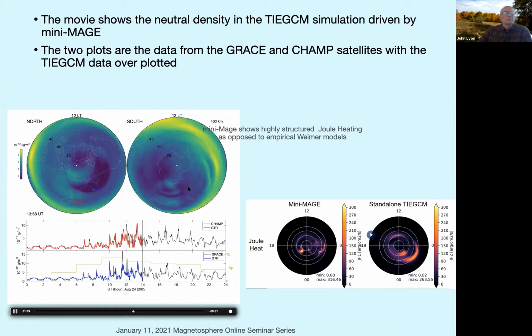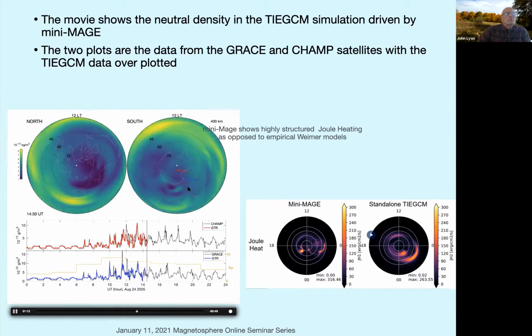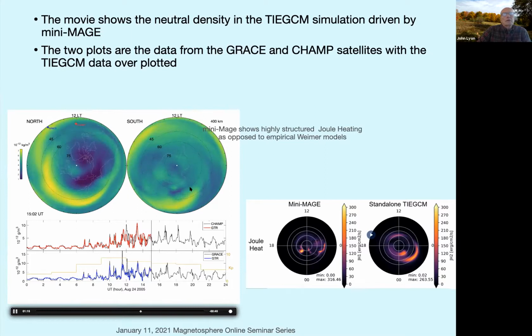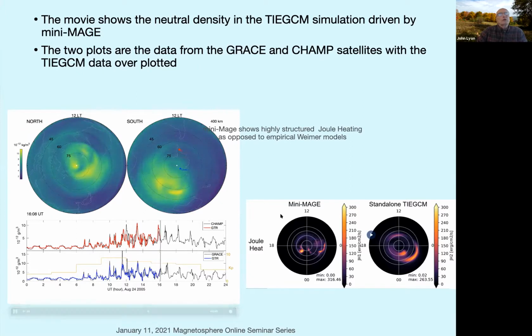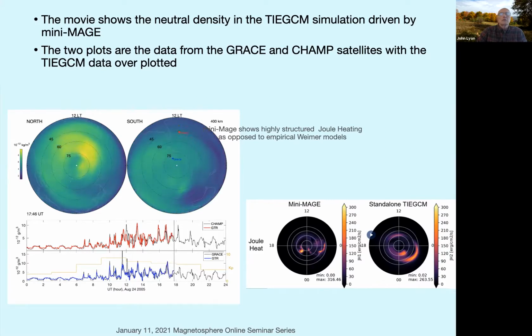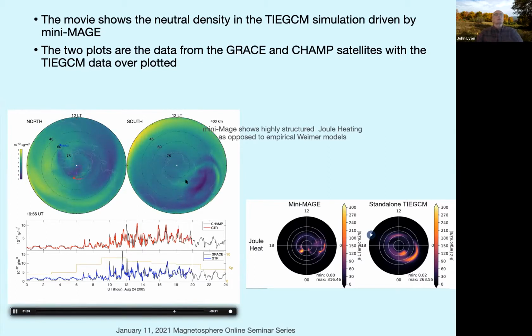And the comparison is really quite good. And over to the right here, you can see that the reason is fairly simple to see. That is that the Joule heating from mini-MAGE is now very much structured and localized. And so you get certainly a different, and it looks like a much better, calculation of what is actually driving these waves.